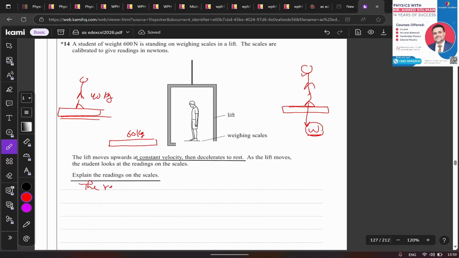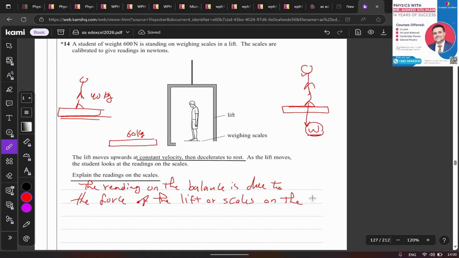The reading of the balance is due to the force exerted from the lift, or the scale, or the balance, on the student.